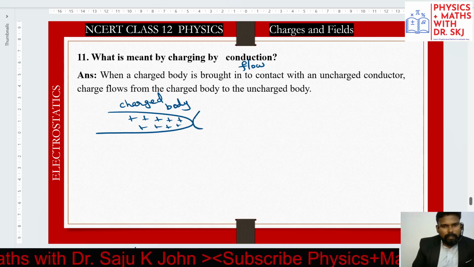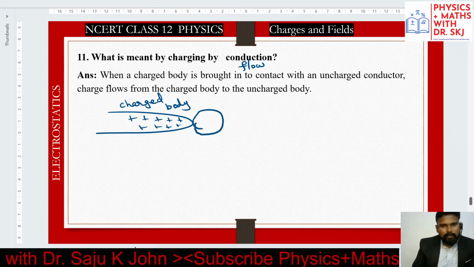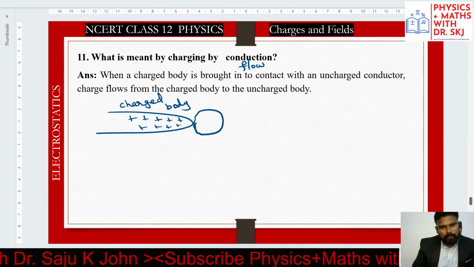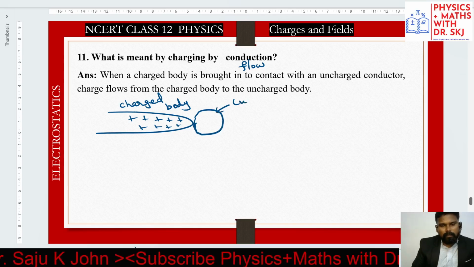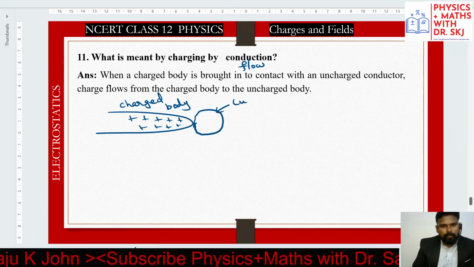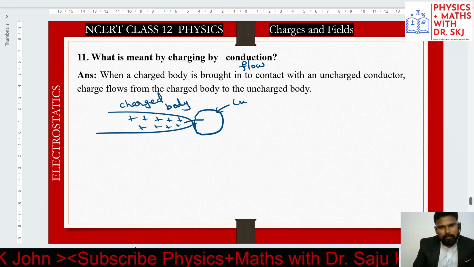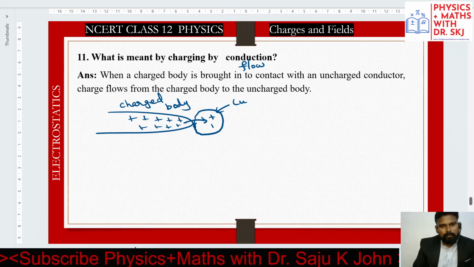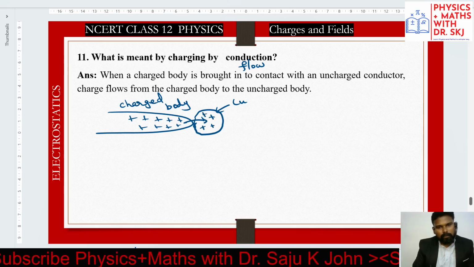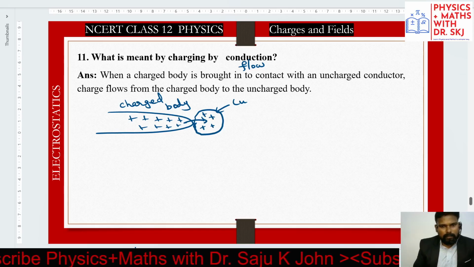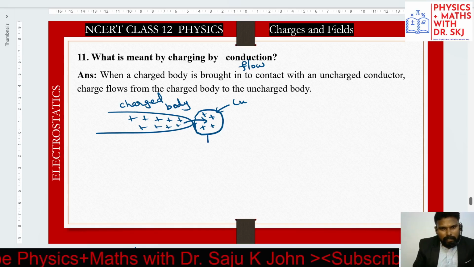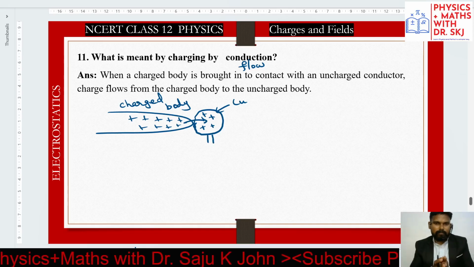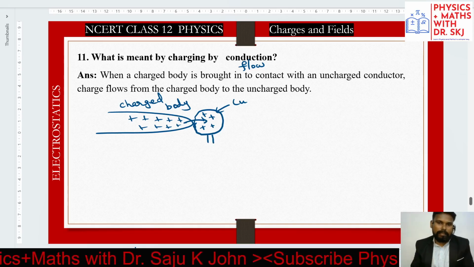When it is brought in touch with the conductor, let it be a copper or aluminium, the charge will flow from this charged body to this conductor. Charge will easily flow to the conductor so that this conductor is charged. But you have to keep the conductor not in your hand but over an insulator.